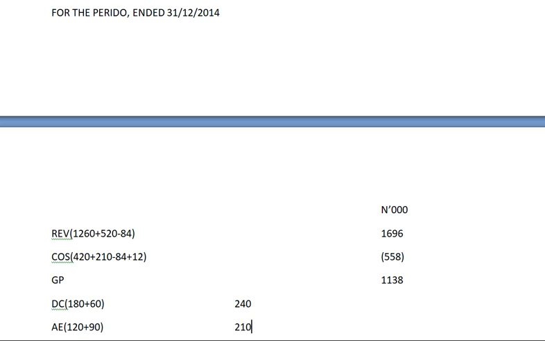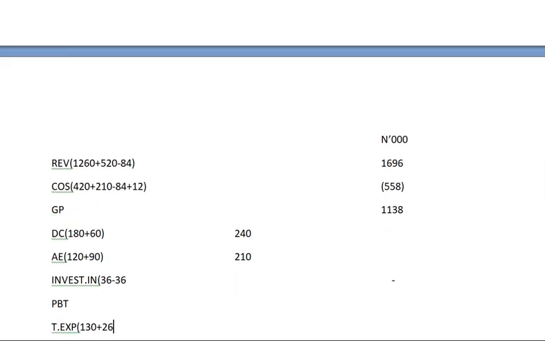Then you have investment property, which is 0. And when you take these two to that other side, you are going to have 450, if I'm not mistaken. Yes, 450.